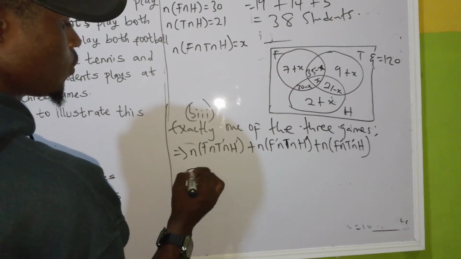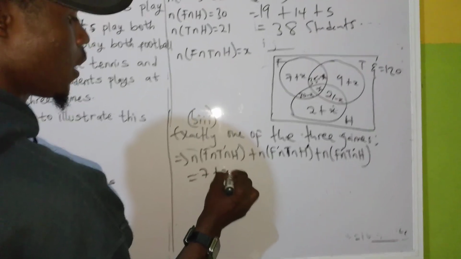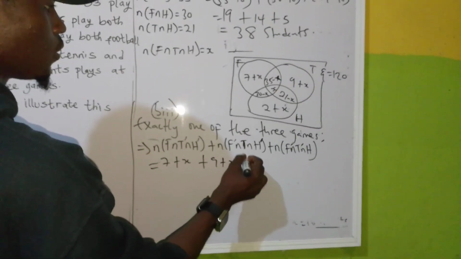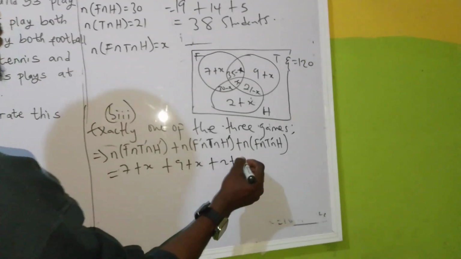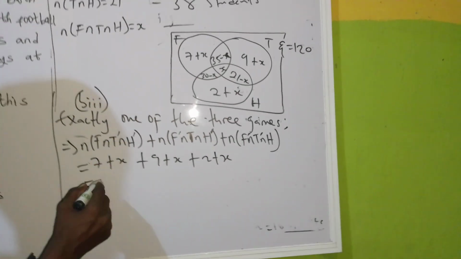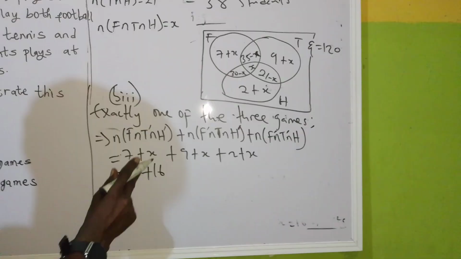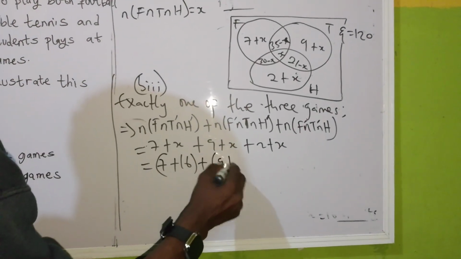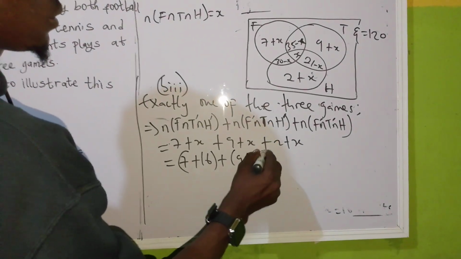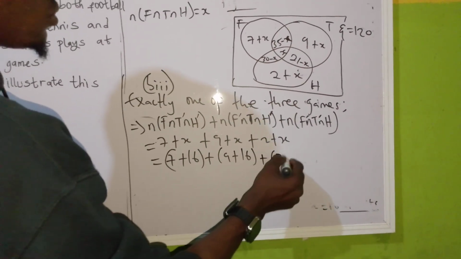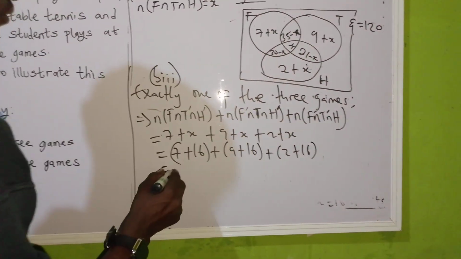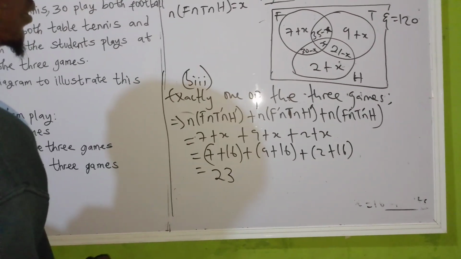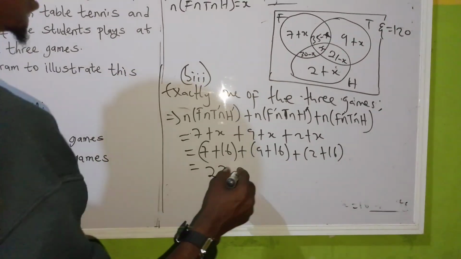So we have 7 plus x for this, 9 plus x for this, and 2 plus x. Alright, so that is 7 plus 16 for this one, 9 plus 16, our x is 16 now, 2 plus 16. This one is 23, I think that is clear.